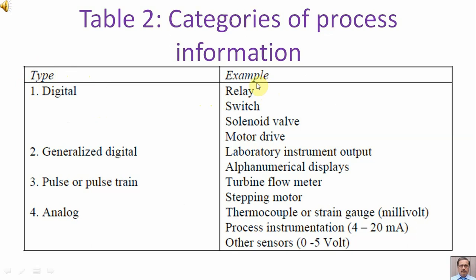For digital, inputs to the computer are in the form of relay contacts and switch contacts. The output of the controller shall go to a solenoid valve or a motor drive.